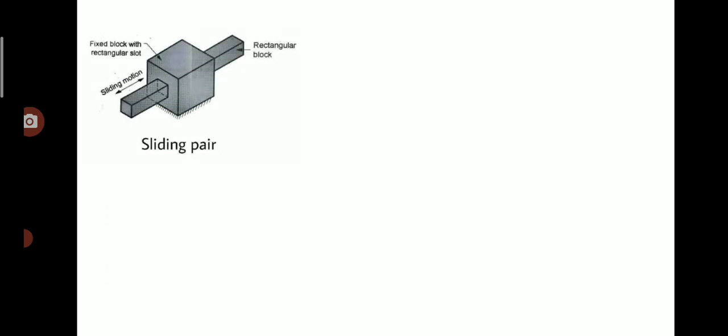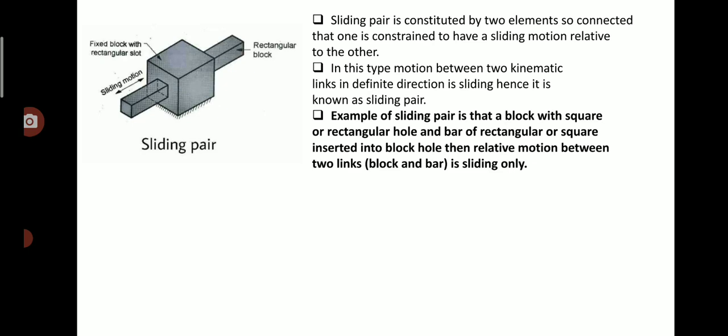So this is a sketch of sliding pair. You will see that there is a rectangular block inside a fixed block having a rectangular slot, and sliding motion is achieved. So a sliding pair is constituted by two elements so connected that one is constrained to have a sliding motion relative to the other.